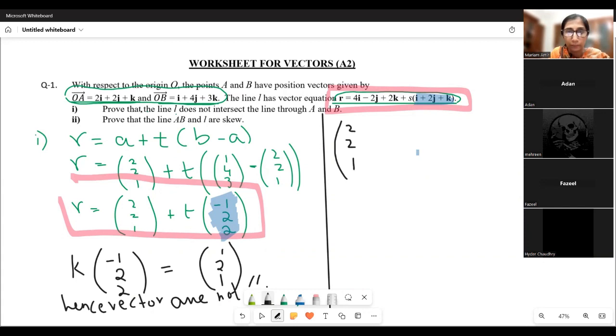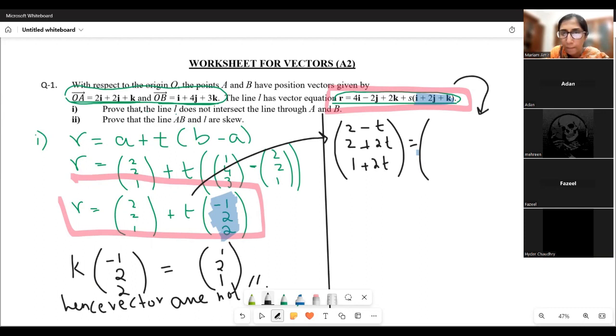I'm going to write 2 minus t, 2 plus 2t, and 1 plus 2t equals, now I'm writing this one here, 4 plus s, minus 2 plus 2s, and 2 plus s. Let me double check. 4 plus s, minus 2 plus 2s, 2 plus s.